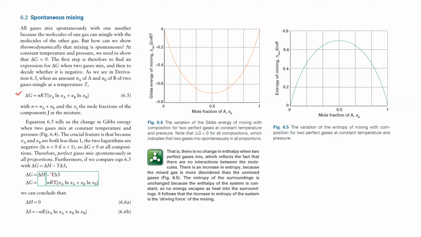Equation 6.5 tells us the change in Gibbs energy when the two gases mix at constant temperature and pressure, which we see in equation 6.4.